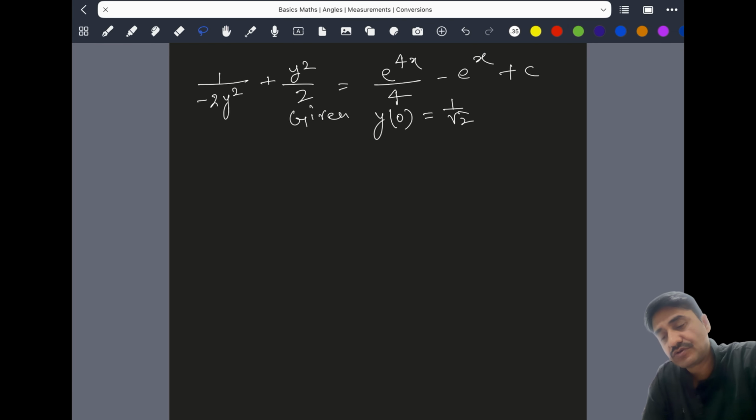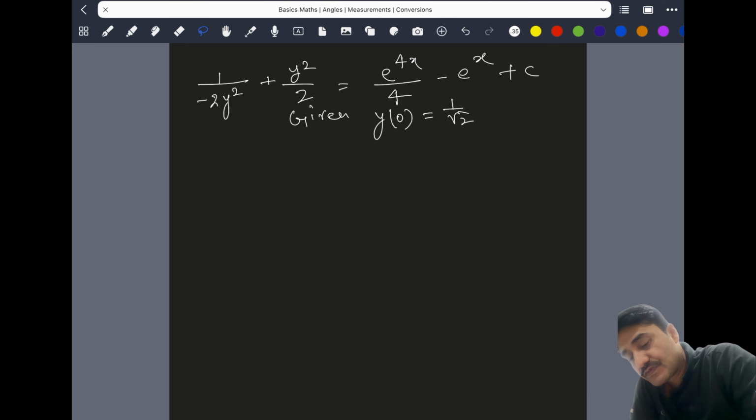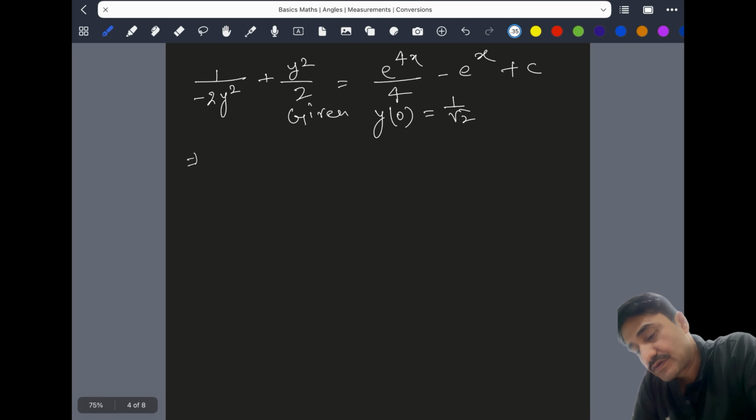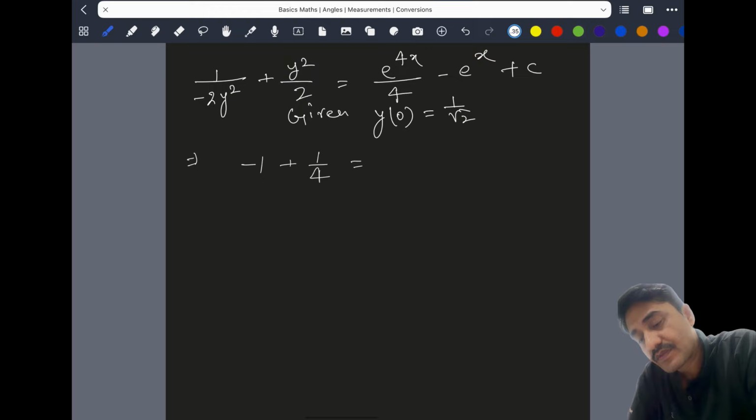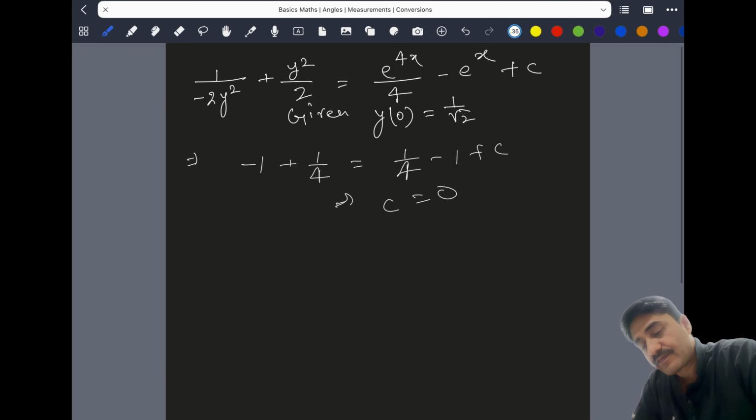So at x is equal to 0, value of y is 1 by root 2. So this is equal to minus 1 plus 1 by 4, and this side will be e raised to 4 into 0 by 4. x is 0, so it will be 1 by 4 minus 1 plus c, so this implies c is 0.